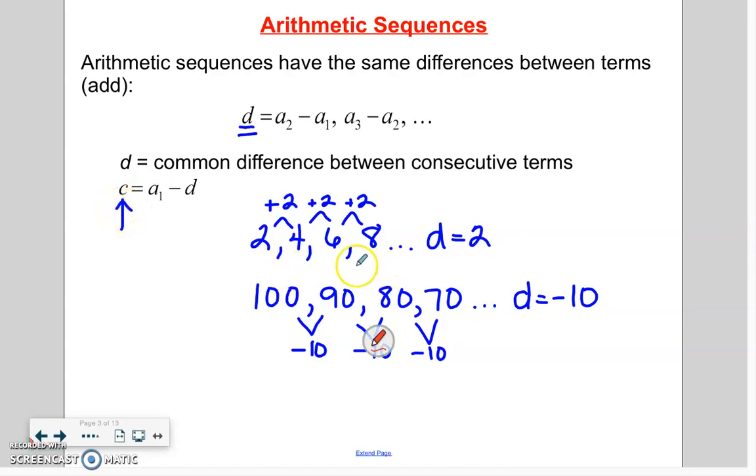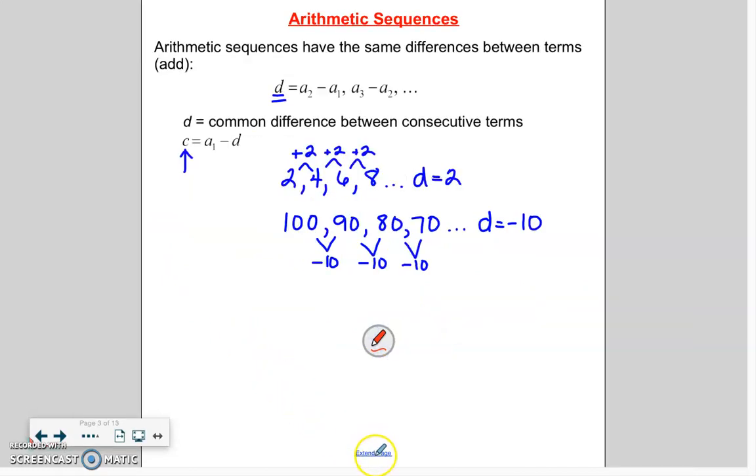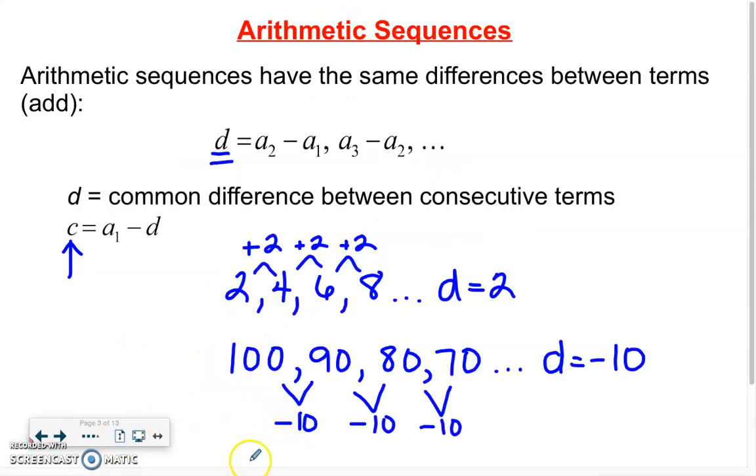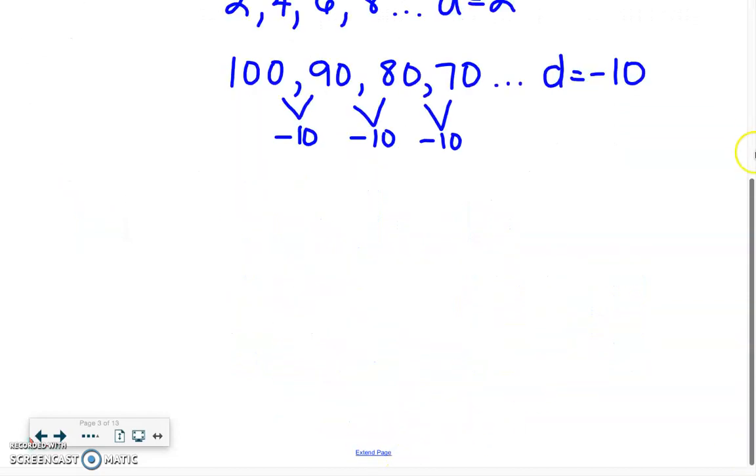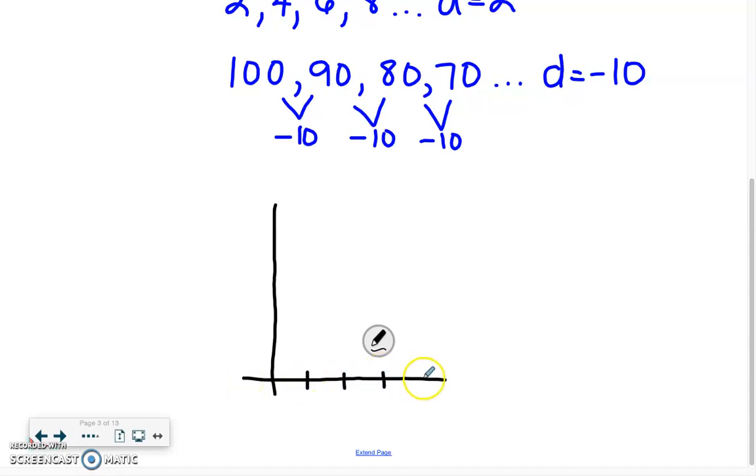The other thing you're going to see in this slide is this second variable called C. And C is basically going to tell you kind of like a y-intercept value for a sequence. Let me try to make a graph. I'm using my airliner right now, and it's not the most user-friendly item, but I'll do my best. So I'm going to make just a quick graph, and I'm going to say 1, 2, 3, 4.